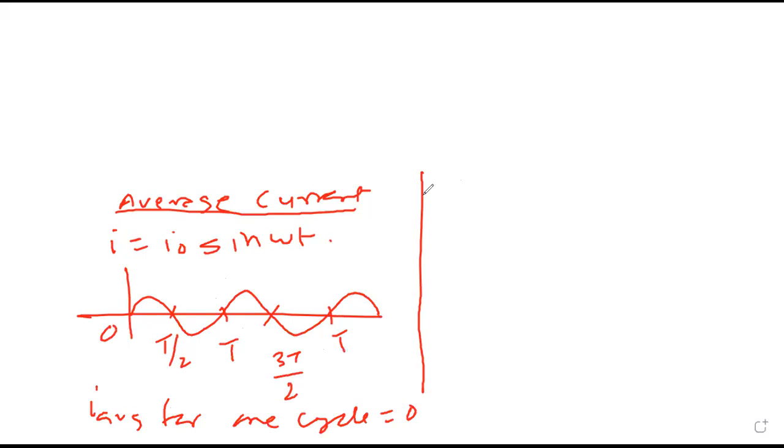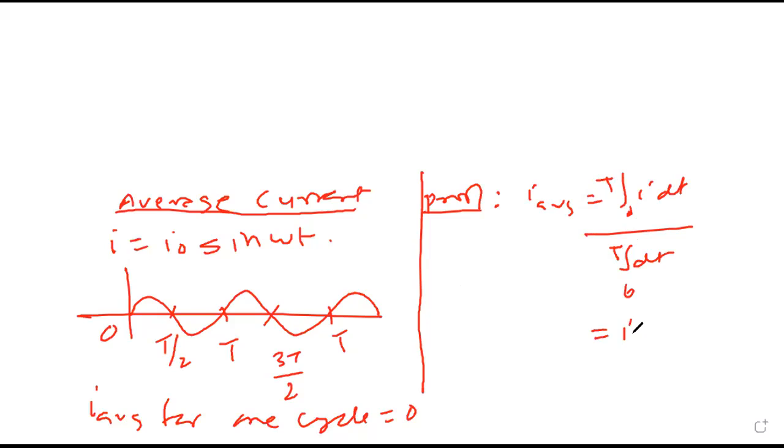Let us check how. I average for one cycle is integral of I dt from 0 to T, divided by integral of dt from 0 to T. This becomes one cycle. Now I is I0 sine omega t, dt from 0 to T, and this is T from 0 to T. Clear? Yes, sir. Write this much, then rub it and tell me.